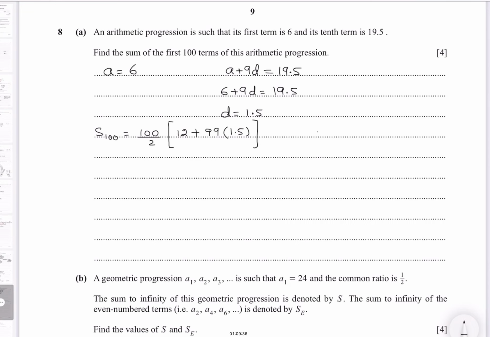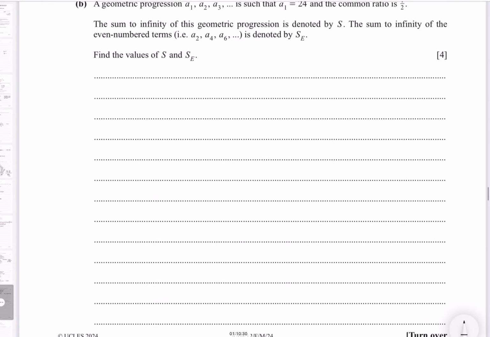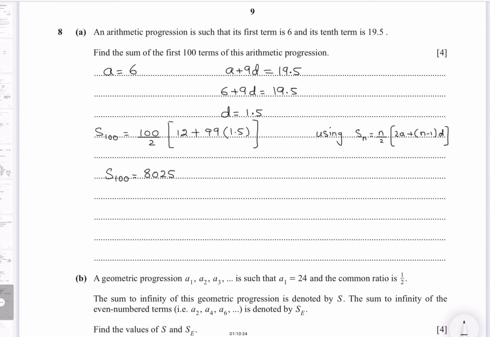So what I did, I used this formula which is given in the sheet to every student. Sn equals n over 2, 2a plus n minus 1 times d. I just put the values in n, in a, and in d, and I simplified it. So our answer is S100 is equal to 8025.